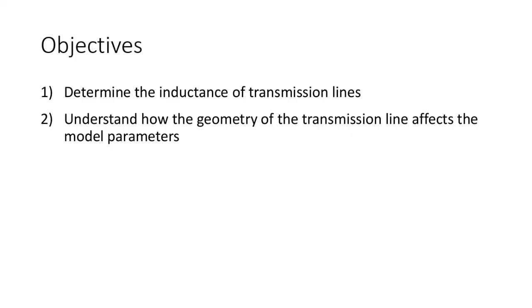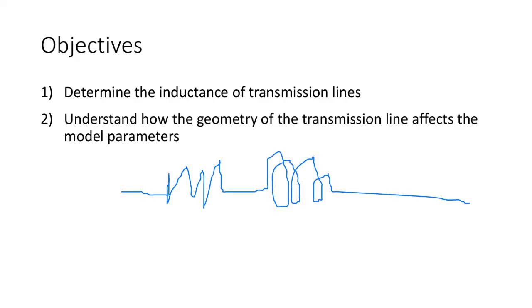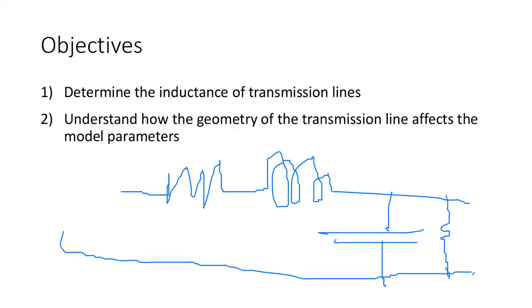The parameters we're talking about are resistance, and then conductance, and then capacitance. The capacitor we put here with a leakage conductance. And from the other side it will be the same thing, and then capacitance. This is what we're talking about.